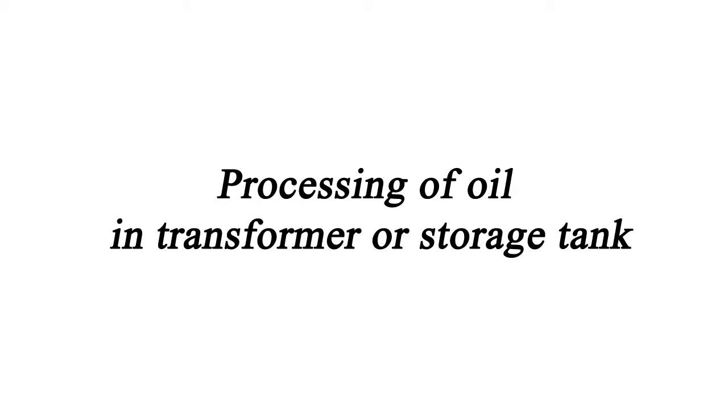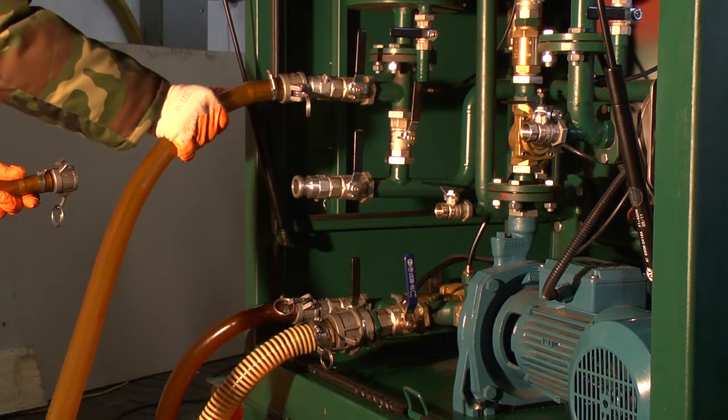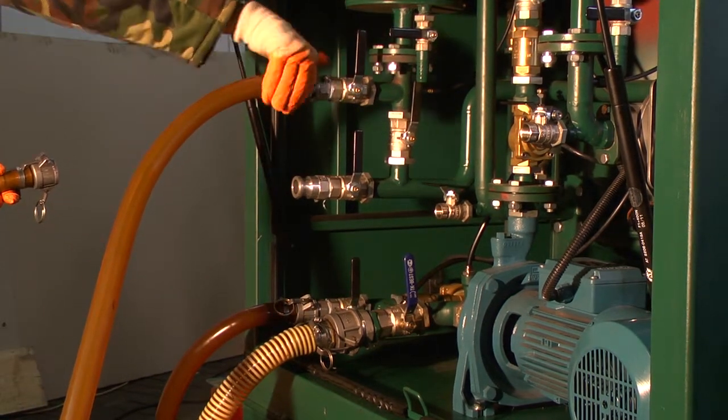For oil treatment in a transformer or a storage tank, the degasser is connected to the above and the regeneration unit is connected to the degasser.